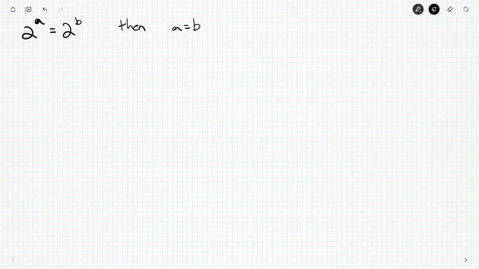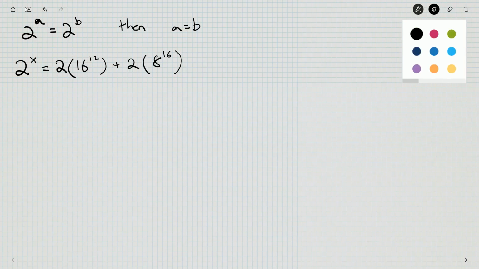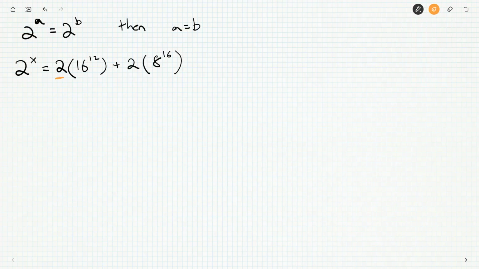So we have 2 to the x. What we want to do is change the expression that they gave us so that it is just 2 to the something. And we can tell that this is the approach we want to take because we've got 2's and powers of 2 everywhere.